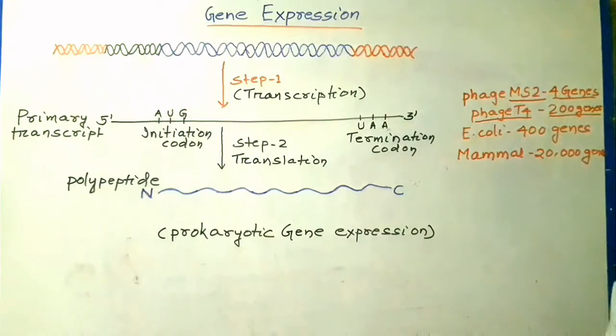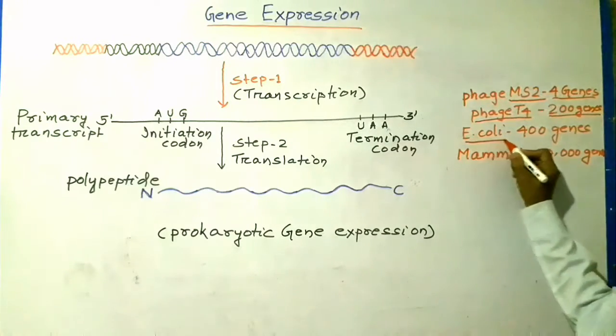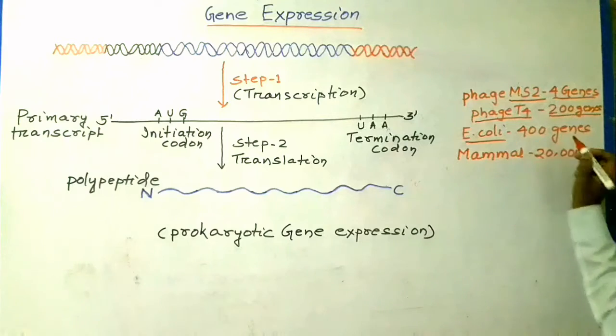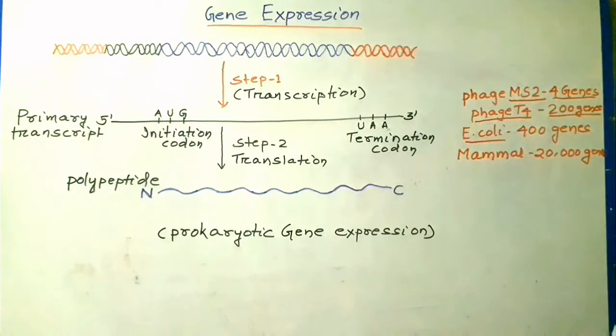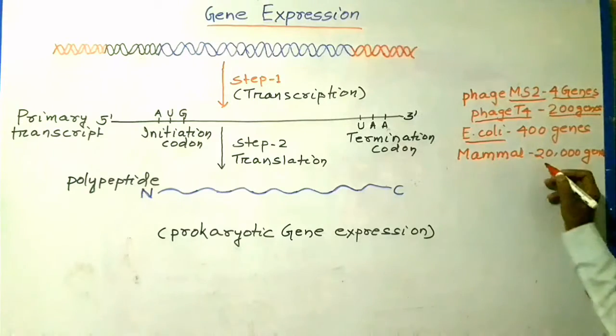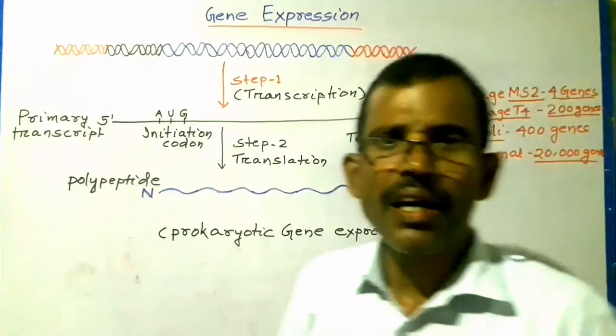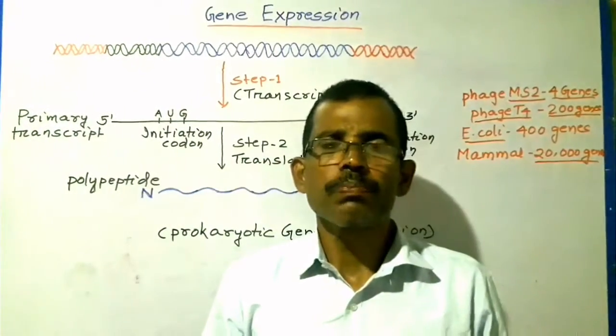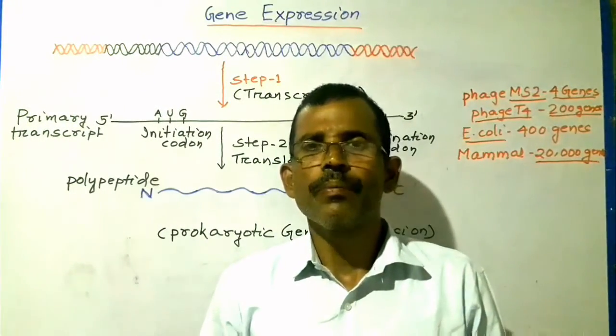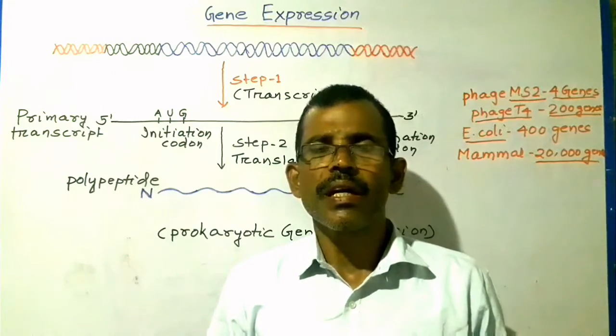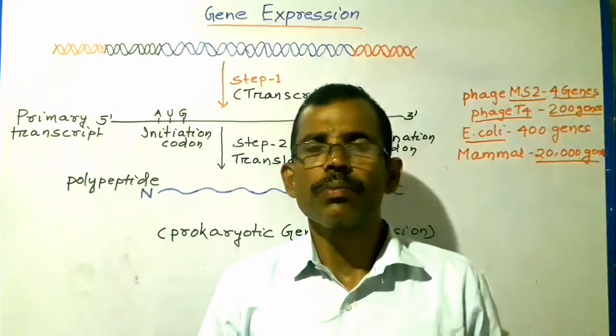E. coli, a microorganism commonly used in laboratories for various studies, contains 400 genes. Whereas mammals, including human beings, contain nearly 20,000 genes. So it is clear that the number of genes present in an organism increases with the developmental complexity of that organism.